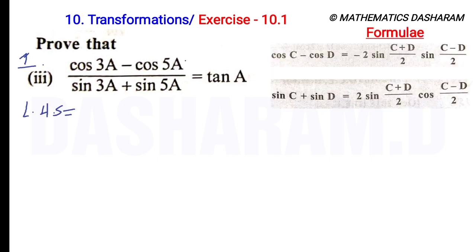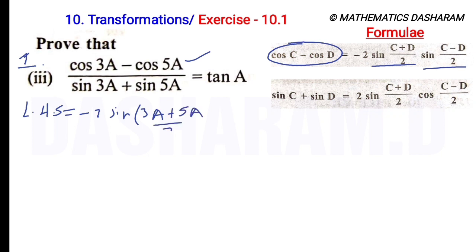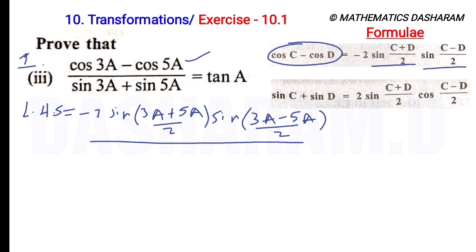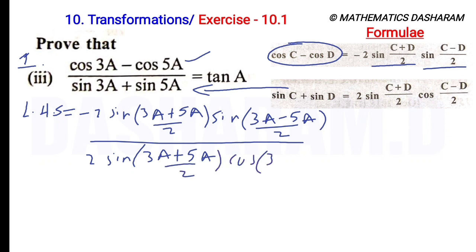So in the LHS numerator cos 3a - cos 5a, apply this formula: -2 sin((c + d)/2) sin((c - d)/2). So -2 sin((3a + 5a)/2) into sin((3a - 5a)/2), divided by, here is the formula for the denominator, 2 sin((3a + 5a)/2) into cos((3a - 5a)/2).